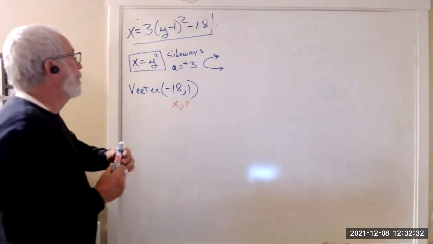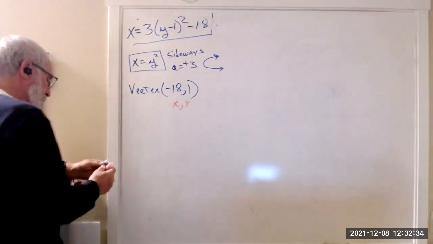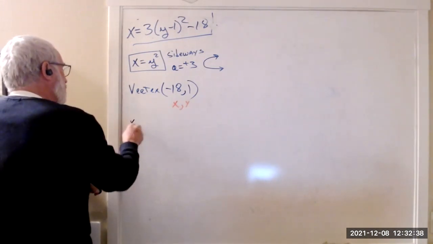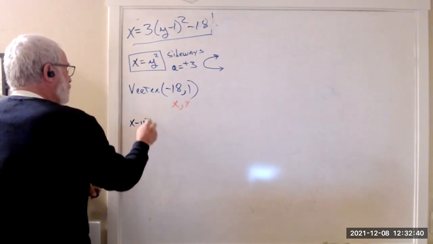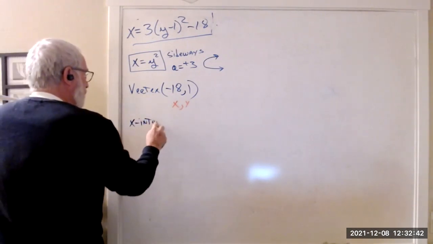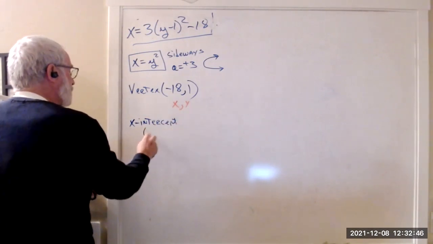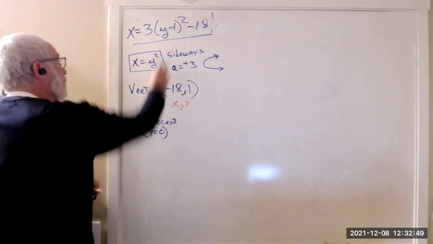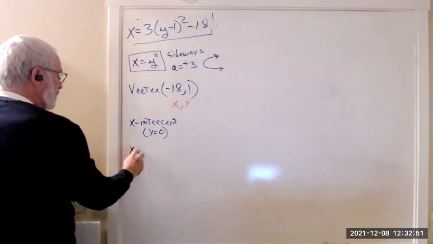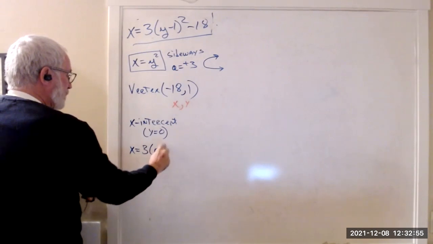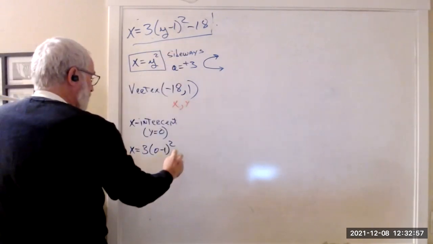Okay. This time I'm going to do the X-intercept because it's easier. I'll eventually do the Y-intercept, but the X-intercept implies y is worth 0. So I'm going to have x equals 3 times 0 minus 1 squared minus 18.